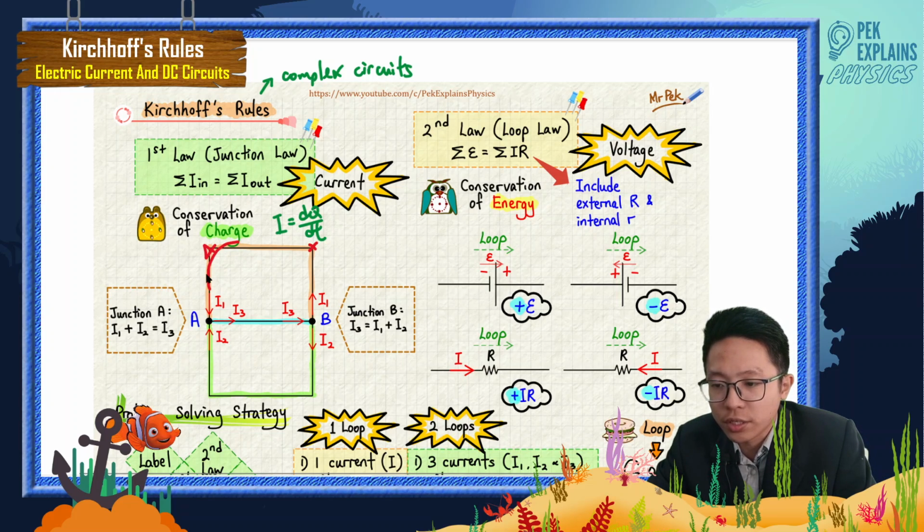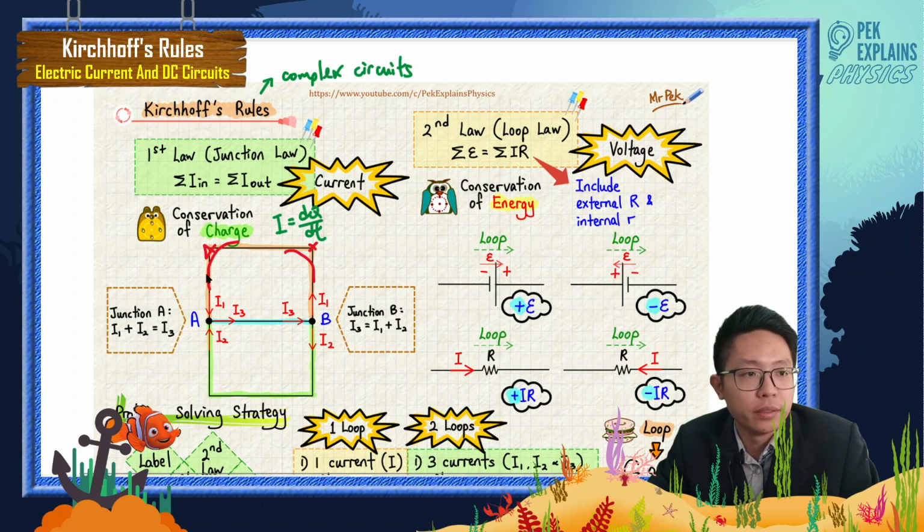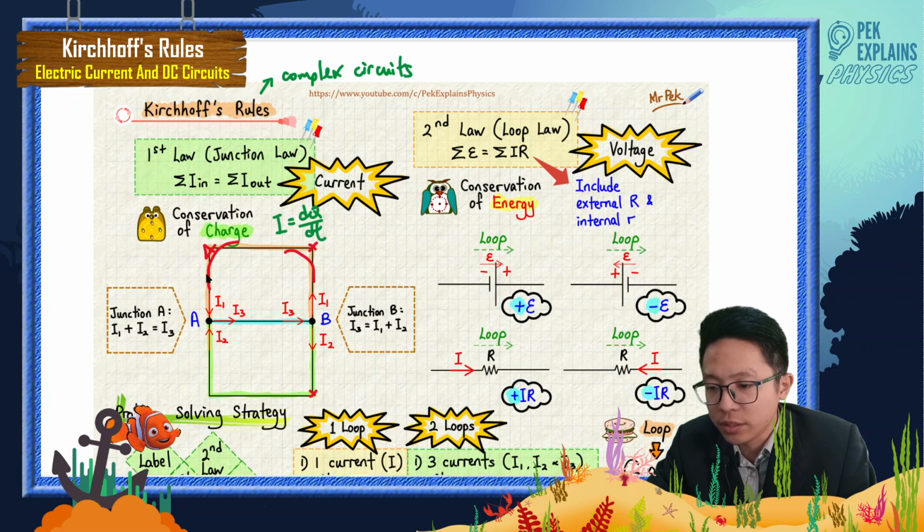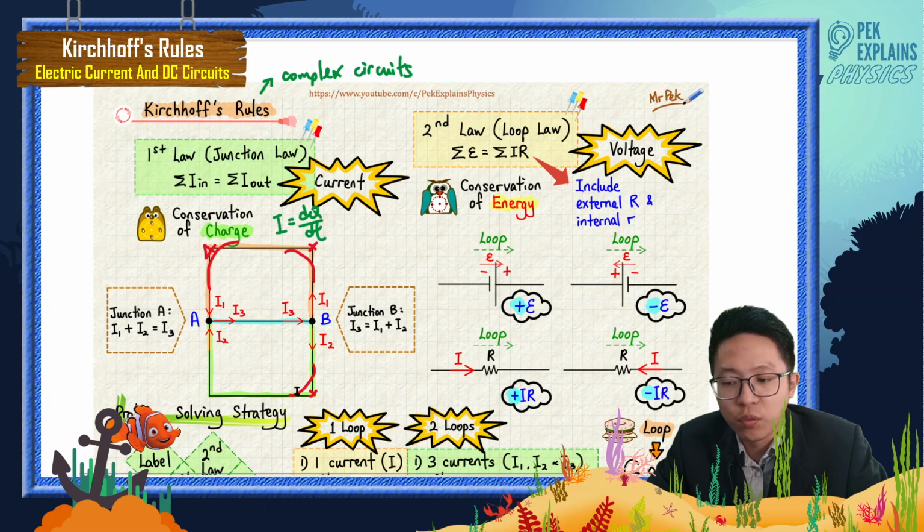Here also not a junction, because it is still one wire. It still only involves one current. For example, this point has only one current, which is I2. This point has only one current, which is I1. So these are not junctions.